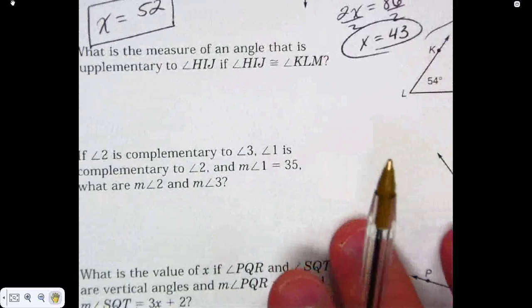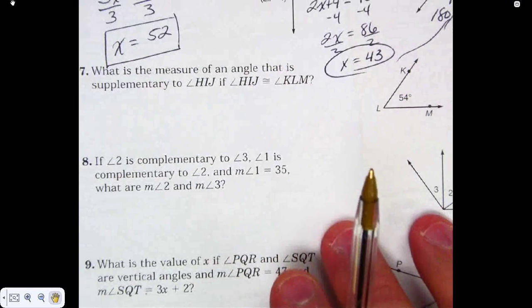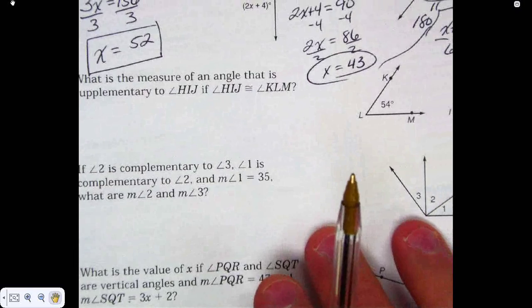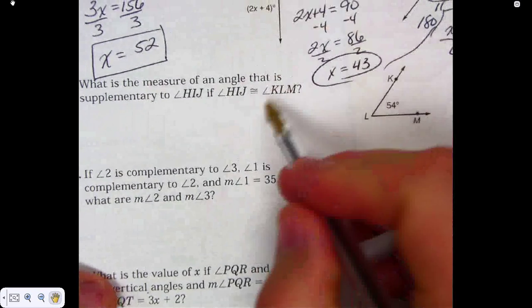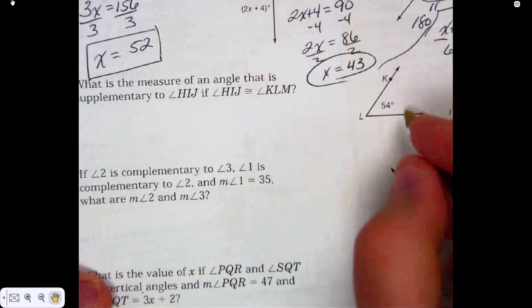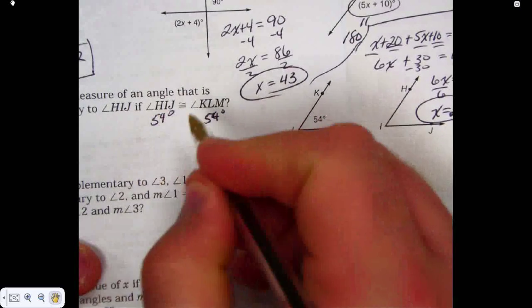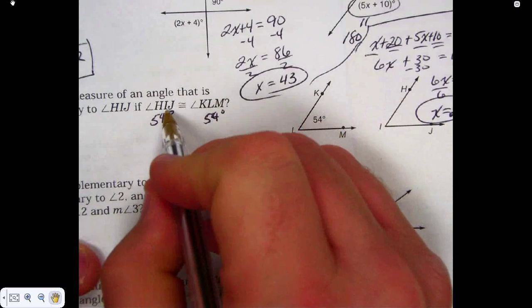So we're going to apply that. What is the measure of an angle that is supplementary to angle HIJ if HIJ is congruent to KLM? They're saying KLM is 54 degrees, and it's congruent to HIJ, so HIJ is 54 degrees.